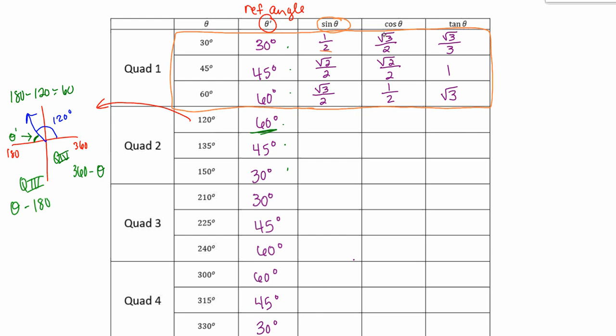Its cosine will be a square root of 3 over 2, positive or negative, and its tangent is square root of 3 over 3. So down here in quadrant 2, under 30, I know it's going to be these values, but the difference is that it's going to change whether it's positive or negative, and that's dependent on the quadrant.